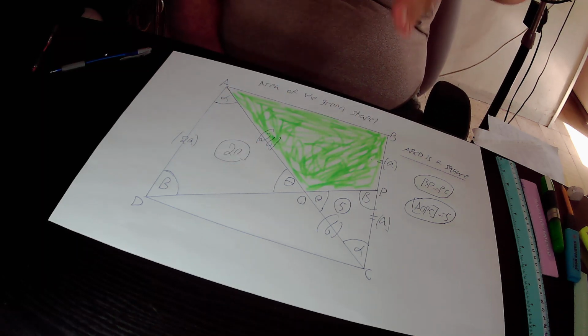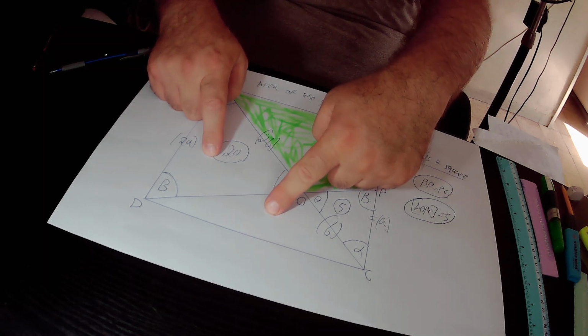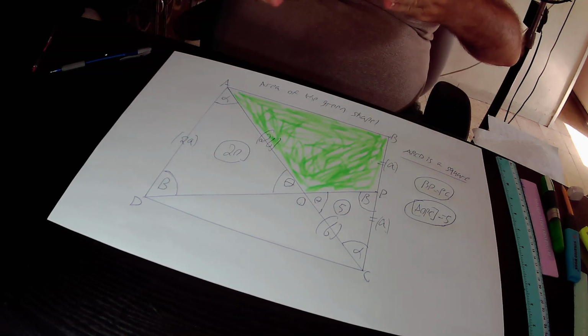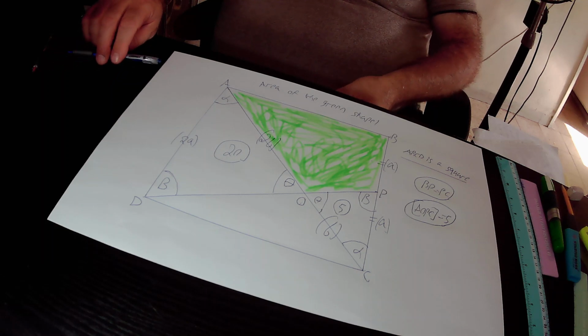So all the requirements of Rule 23 are satisfied, and therefore we can implement Rule 23. According to Rule 23, the ratio between the areas of those two triangles is equal to the ratio between their corresponding bases. So I write it down.